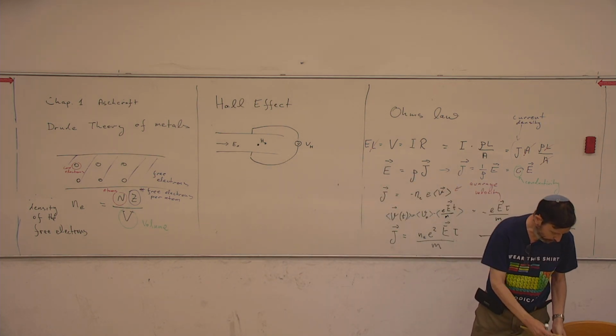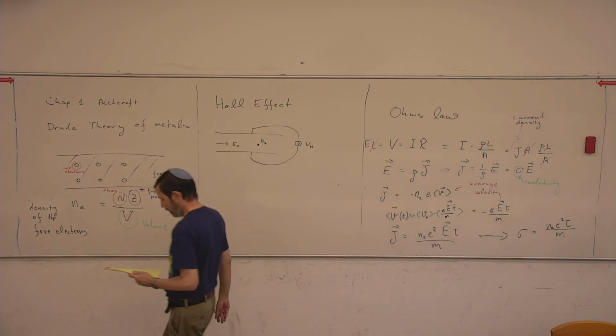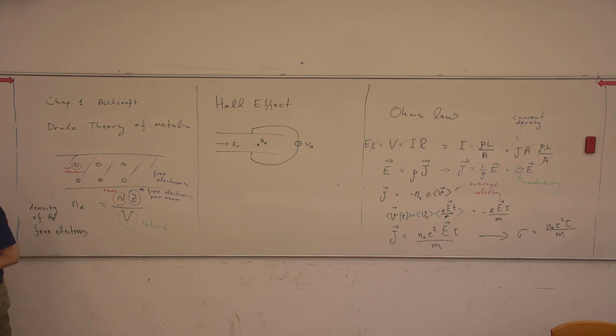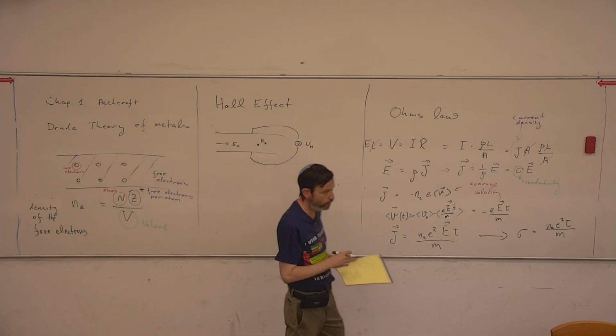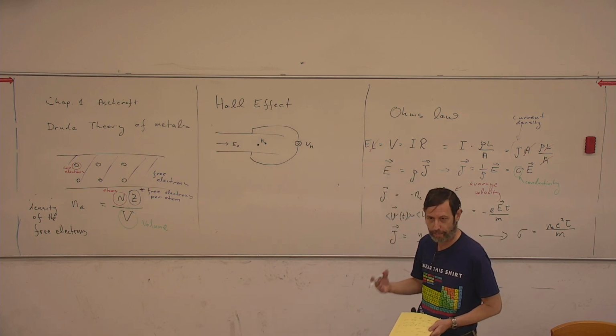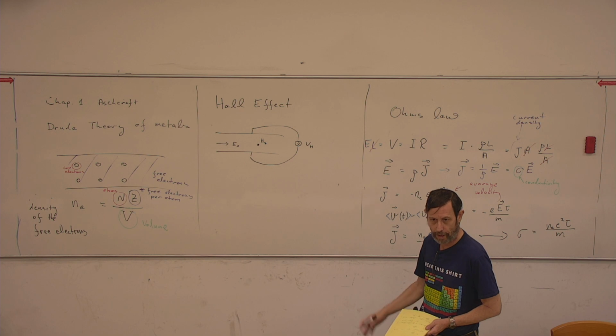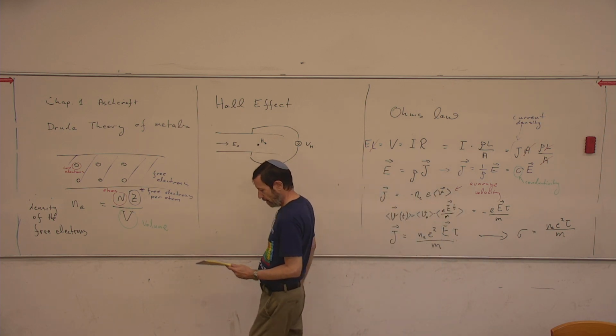Okay, let me just write down the forces that are applied here on an electron in general, so we would be able to take into account the forces applied by the magnetic and electric field on an electron that exists here.